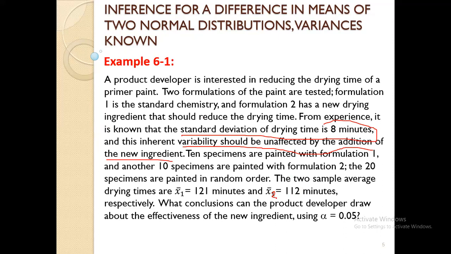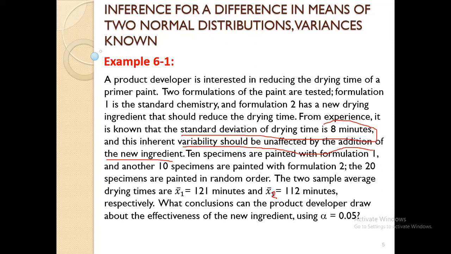The new formula reduces the drying time. If you know that, that's why you have to check, because 112 and 121 come from the average of the data. That's why you have to check whether this is really less than 121 based on statistics. You would like to develop a new model to reduce the drying time.